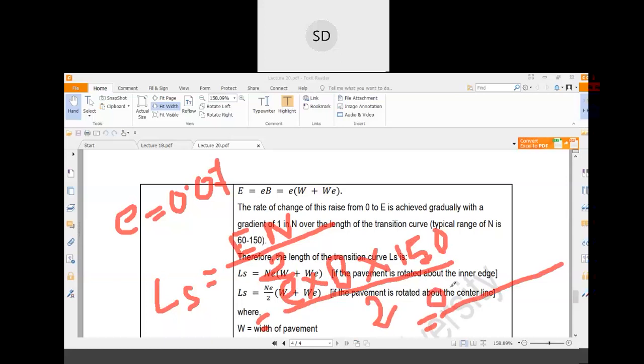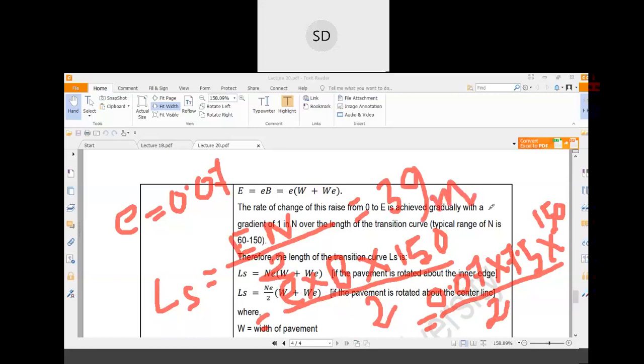Now the value of e is given as 0.07, into width of the pavement given as 7.5 meter, into 150, divided by 2, and you will get the LS value as equal to 39 meter.